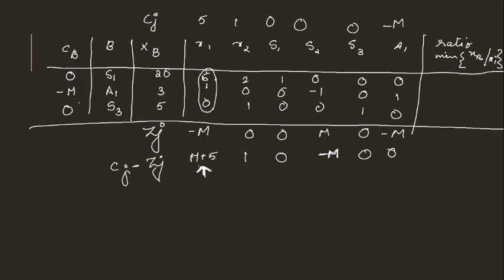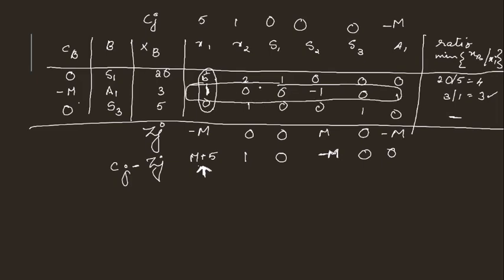Now I have to find out what is my key row. So for that, what I'm going to do is 20 by 5 is equal to 4, then 3 by 1 is equal to 3, then this is 0, so we don't have to take care of this. So the key row is here. We have found out the key row, and this is the key row.